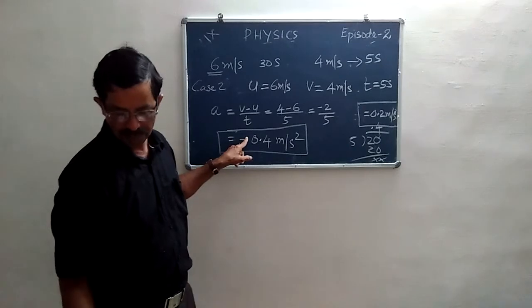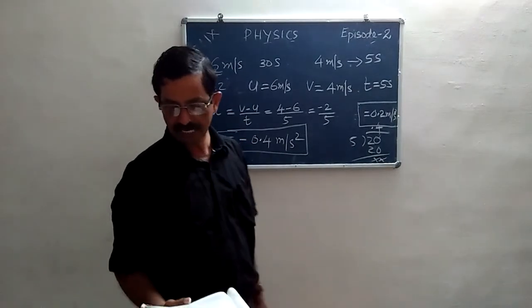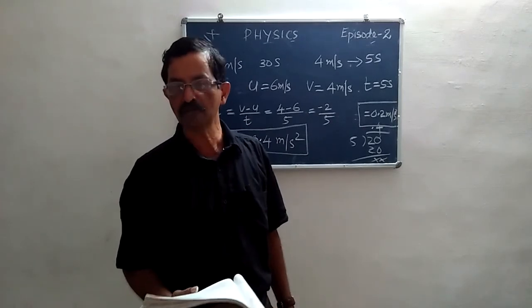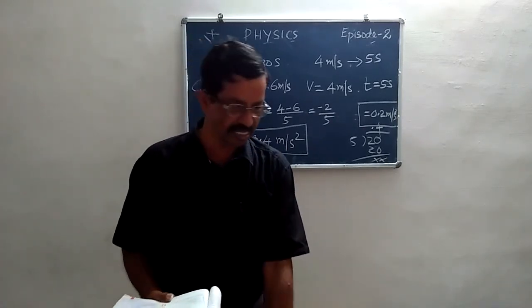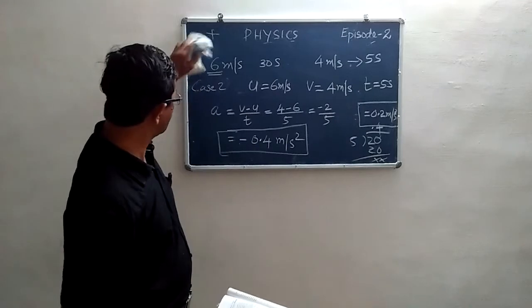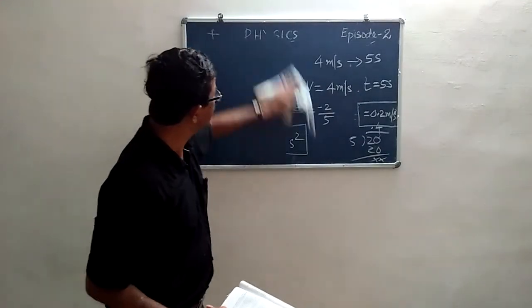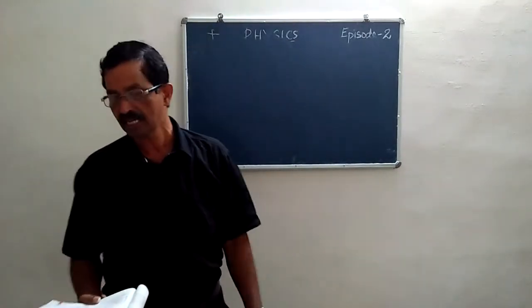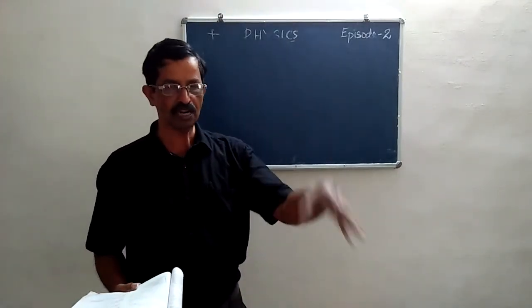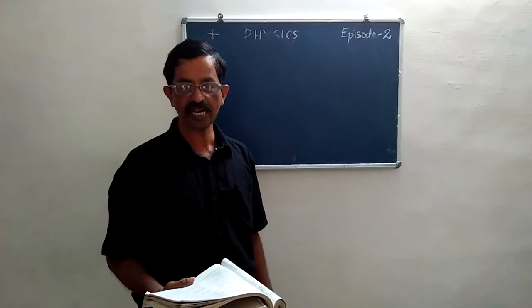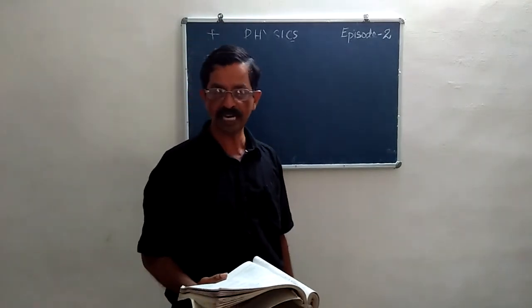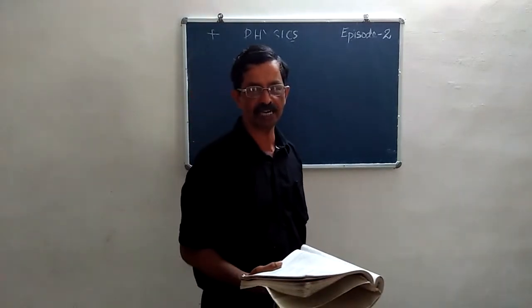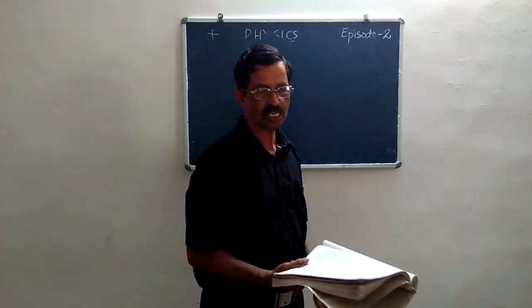Now some questions are given for you to answer in your text. When will you say a body is in uniform acceleration? We say so if the increase in velocity is equal in equal intervals of time, then its acceleration is uniform.